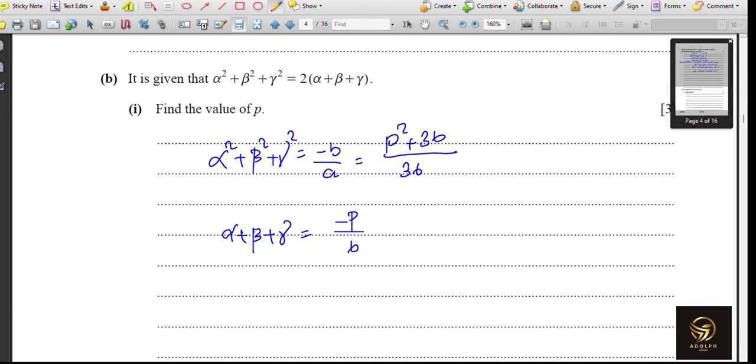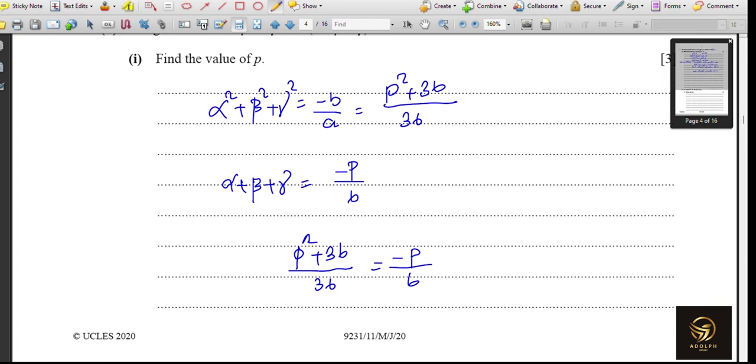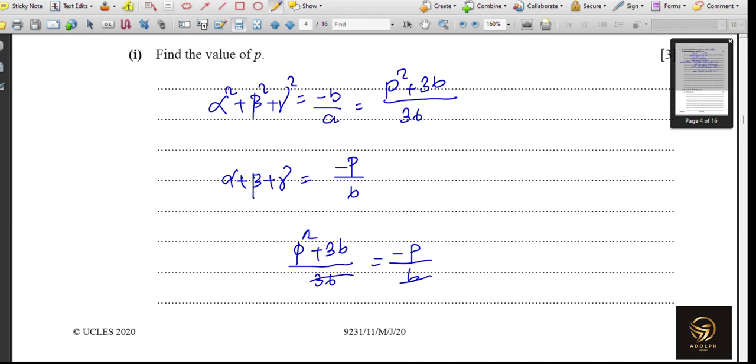According to the given condition, if you equate p square plus 36 divided by 36 with negative p divided by 6, then first you can cancel the 6 and the 36, simplify it, and if you cross multiply, you will get p square plus 36 equals negative 6p.